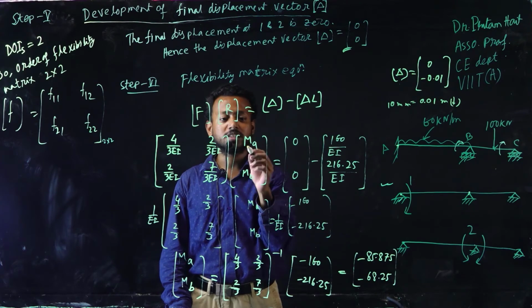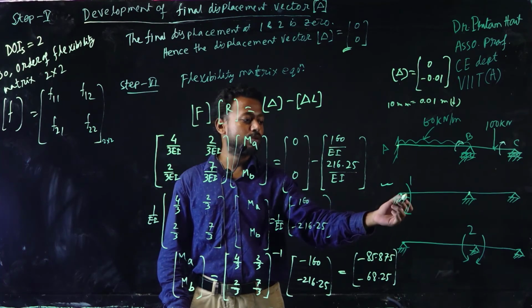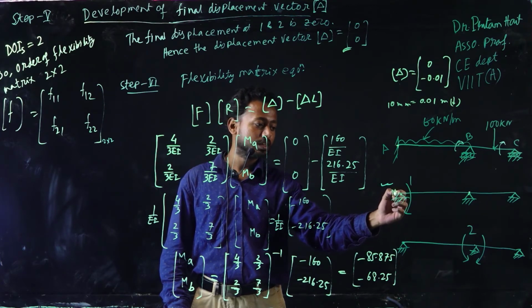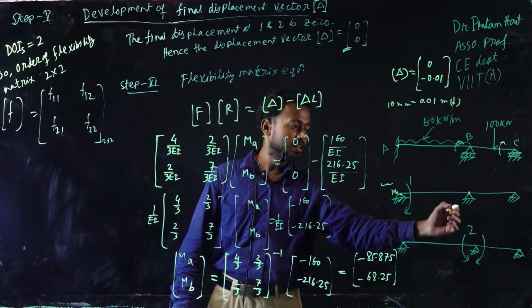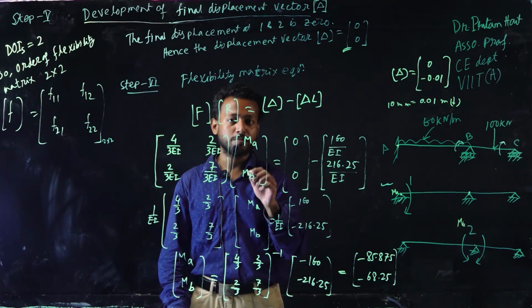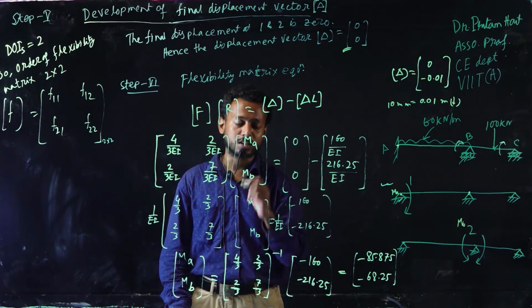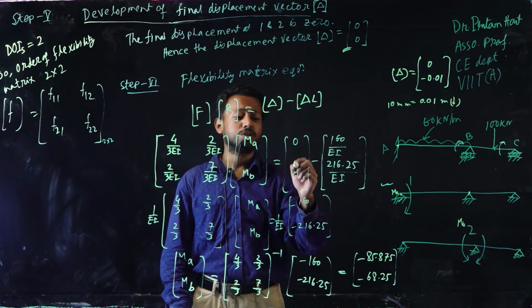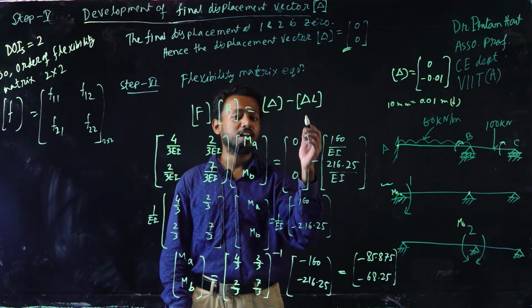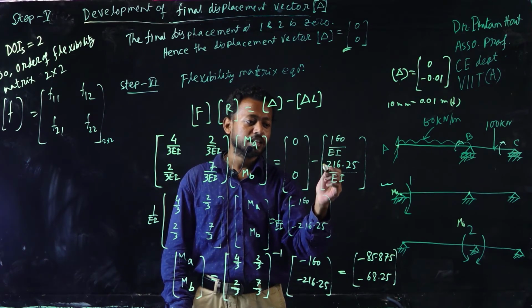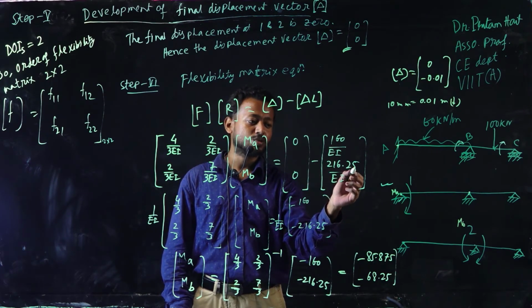R matrix is MA and MB, we are going to calculate at one coordinate direction it will be MA, and at 2 coordinate direction it will be MB. So the unknowns are MA and MB that we are going to calculate, equals delta, that is displacement vector 0 0, minus delta L, we calculated in the earlier step, it is 160 by EI and 216.25 by EI.